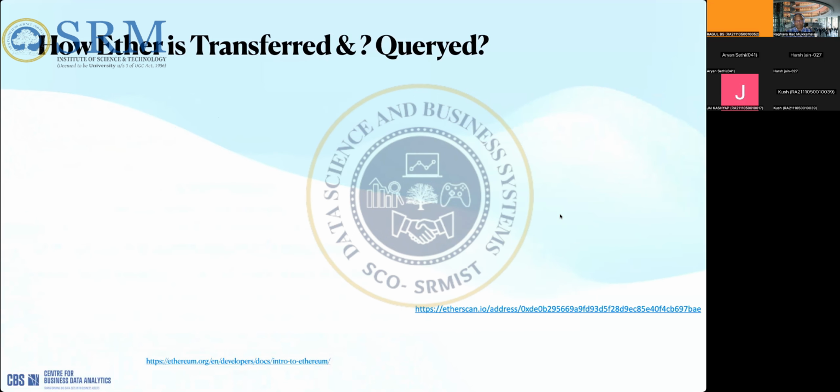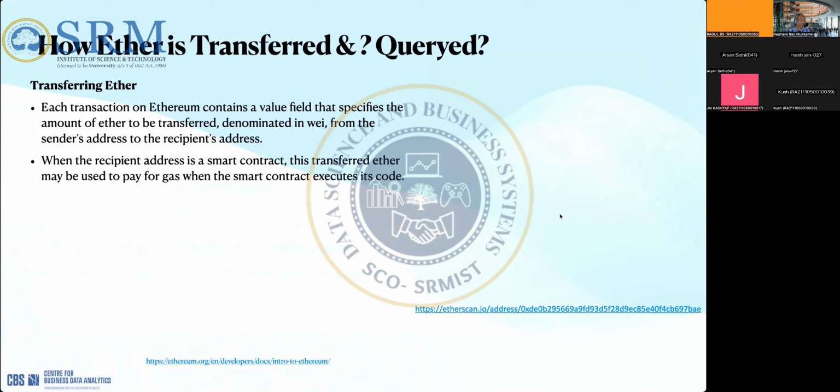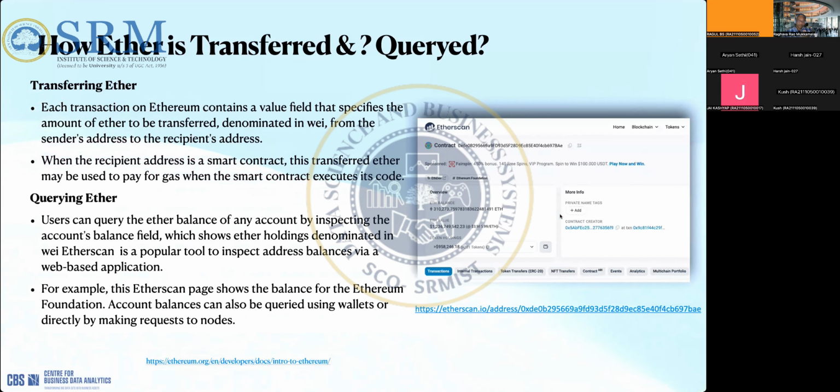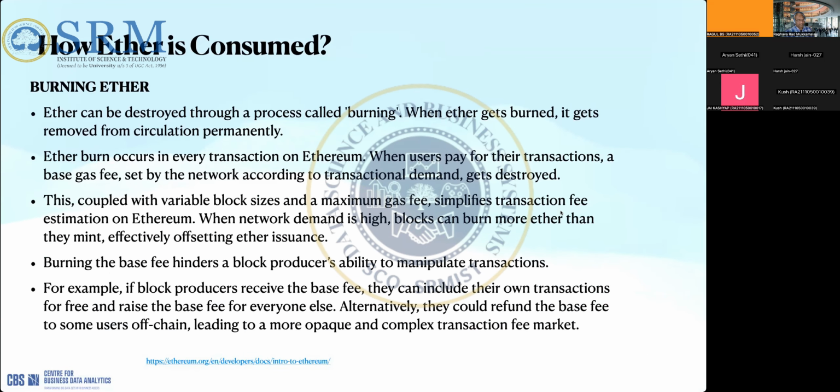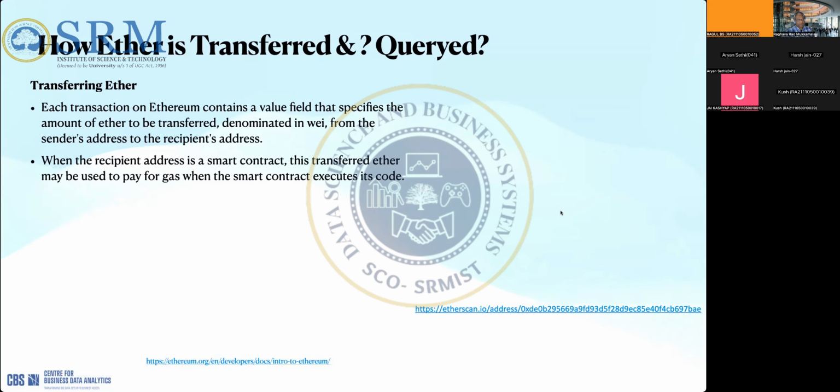Okay, so let's go further. Then transferring Ether. Again, Ether is the cryptocurrency in the Ethereum blockchain, right? So even if you want to transfer money from one account to another account, that will be done in the form of Ether, right? Each transaction contains a value field. So how do you transfer Ether from one account to another?